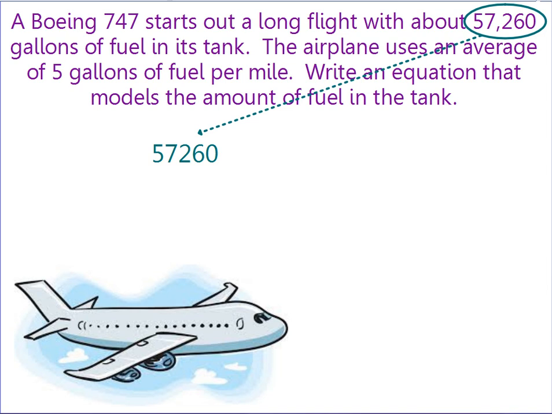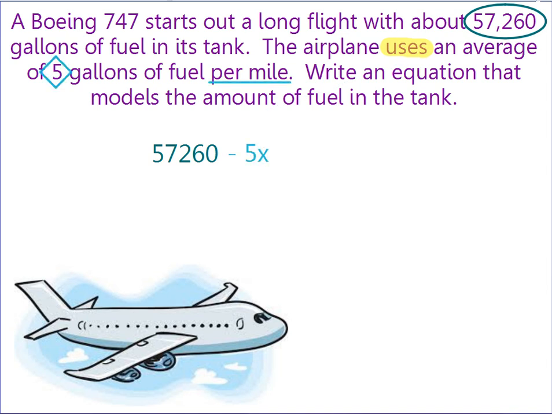Now here's my question. In the previous two situations, we added money for each minute or for each mile. Does this airplane take on fuel and add fuel to its tank while it's flying, or does it lose fuel when it's flying? Well, since it uses fuel, this time instead of adding fuel to its tank, we're going to have to subtract fuel.